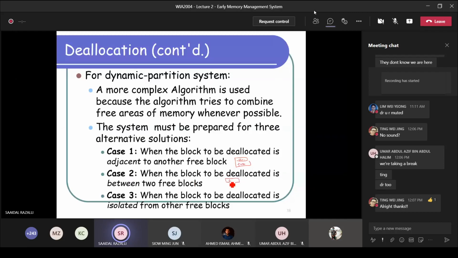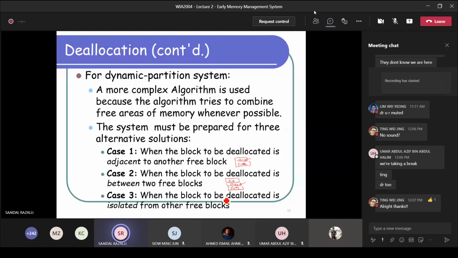So this one is free, this one is busy, and this one is free. This busy memory block that will soon be de-allocated is located between 2 free blocks.